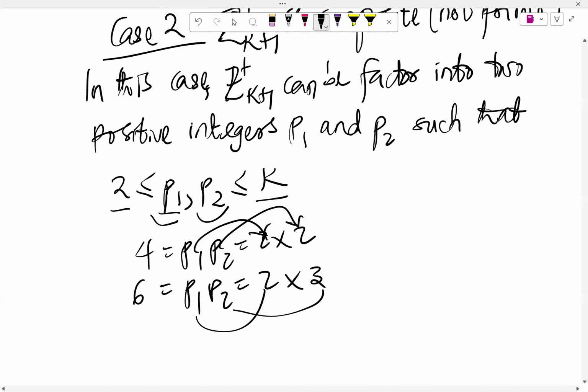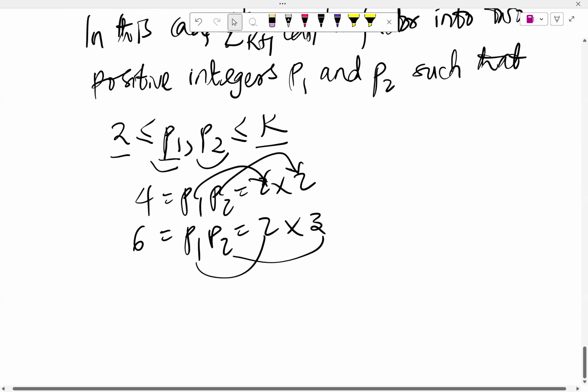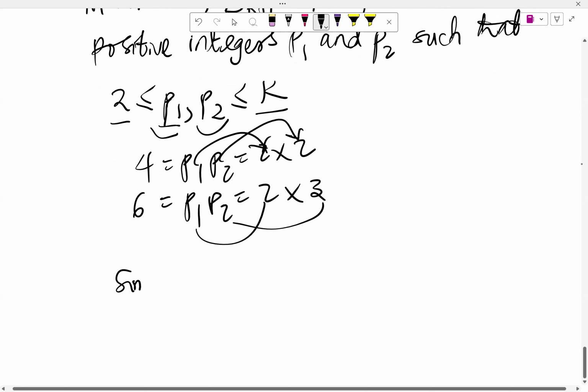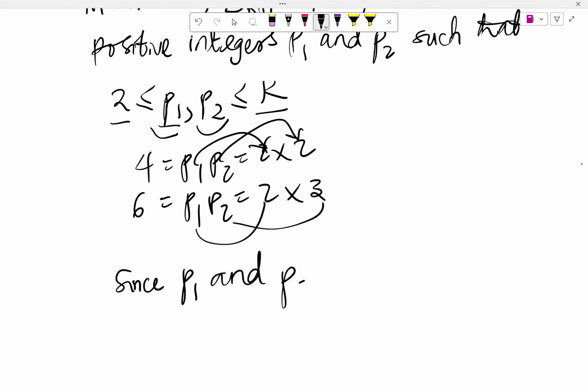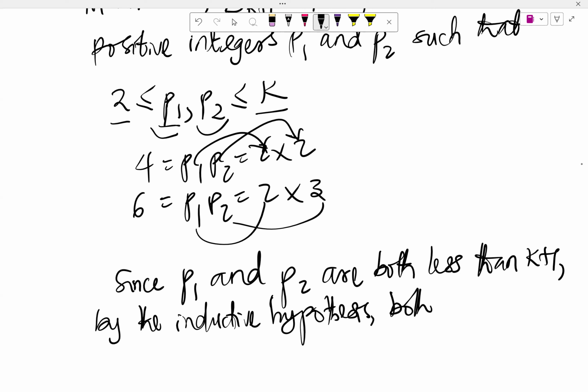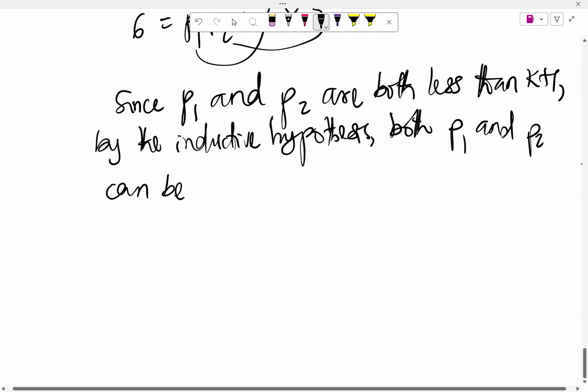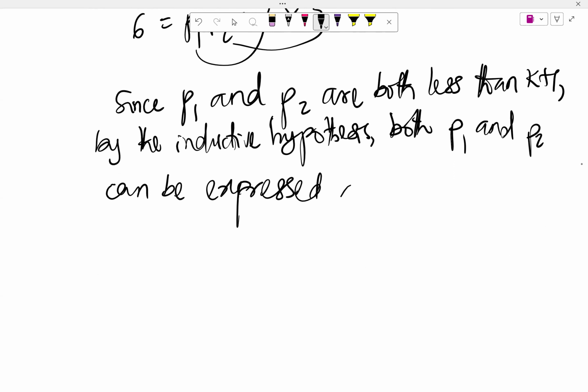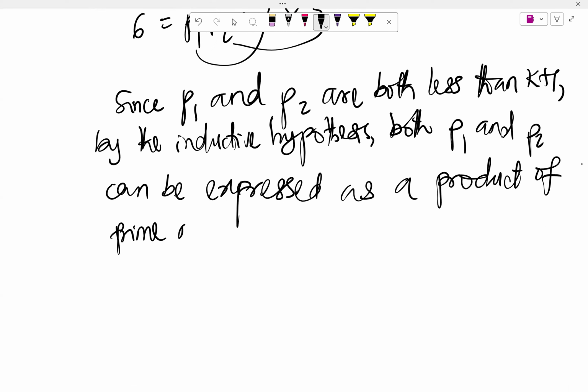So if that is the case now, we can say that since p1 and p2 are both less than k plus 1, by the inductive hypothesis, both p1 and p2 can be expressed as a product of prime numbers.